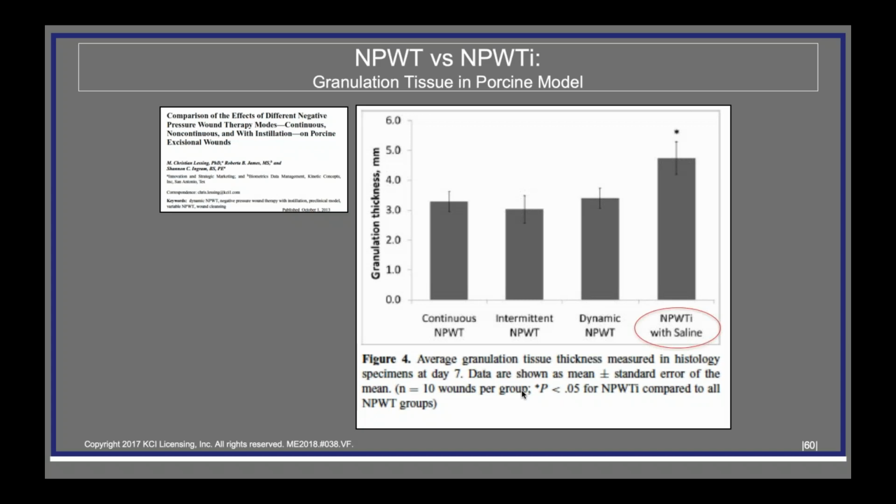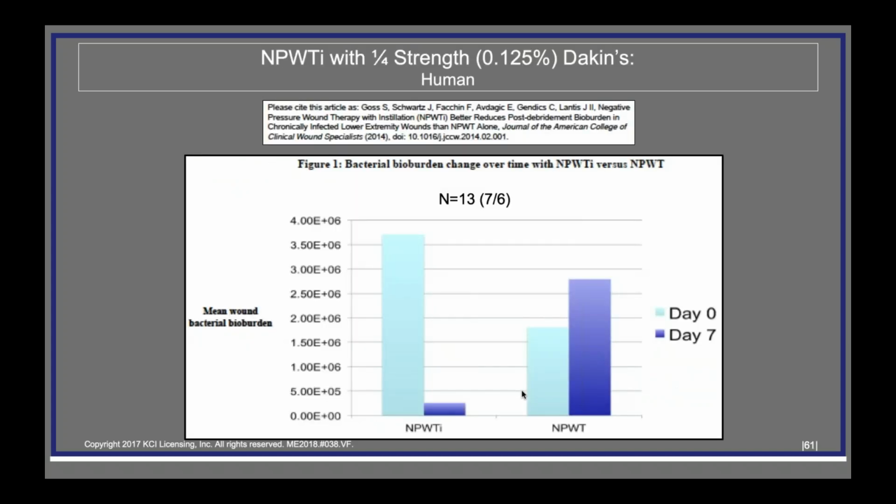There are two papers that John Lantis published out of New York talking about bioburden or bacteria. And this is a day 0 to day 7 study comparing instillation therapy versus that of standard negative pressure. And it's really interesting. The instillation group showed a decrease in bacterial bioburden, whereas in the standard negative pressure group, the bioburden actually went up.